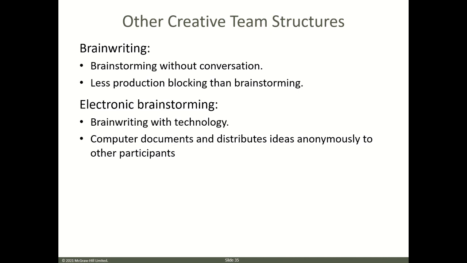So computer documents, as I explained, maybe MS Word documents or Excel files or some other software, can be used to distribute ideas freely, so that the other people can participate anonymously.